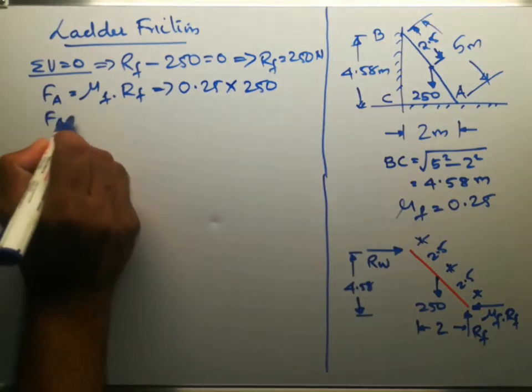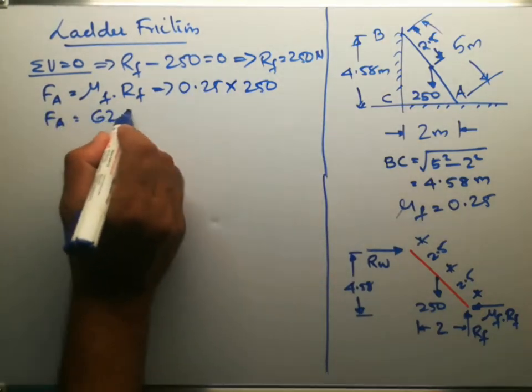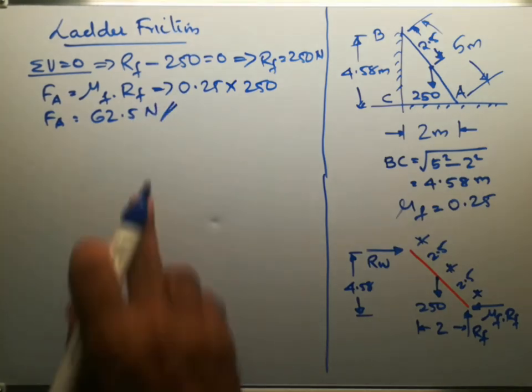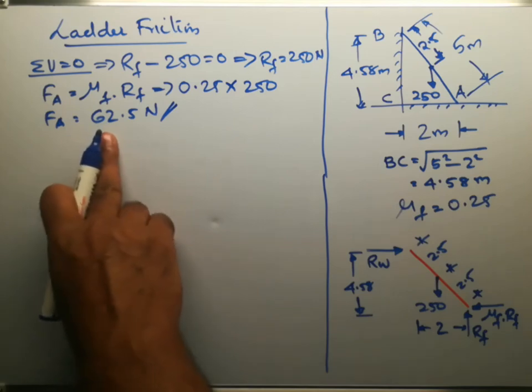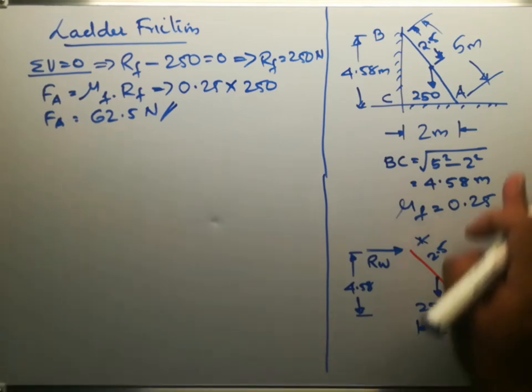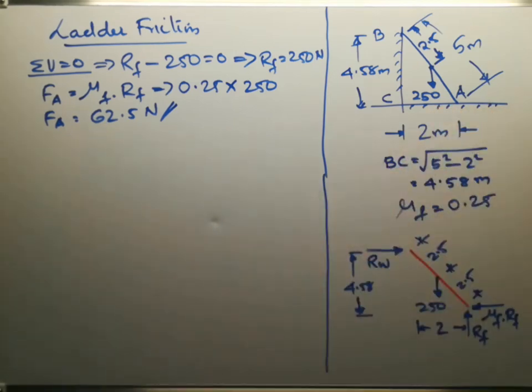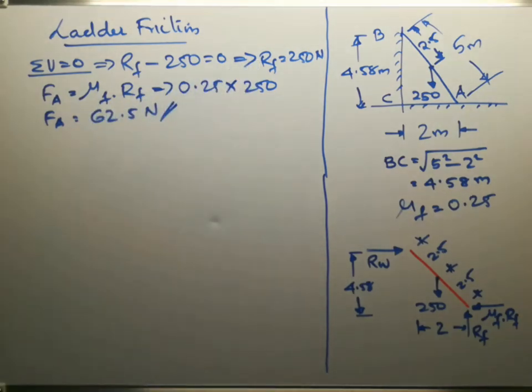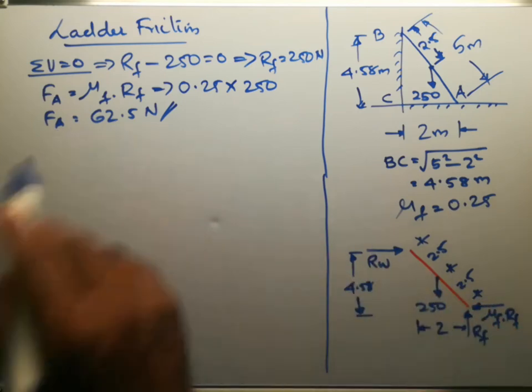That gives FA equal to 62.5 Newton. So this is the maximum value of friction that can be offered by the floor with the coefficient of friction of 0.25. Now we need to show that the frictional force acting at this point is less than or equal to FA.